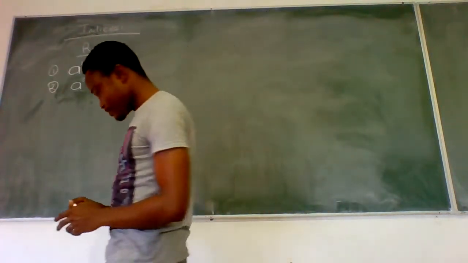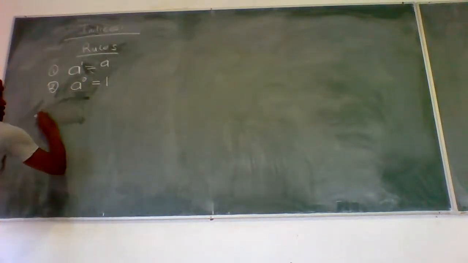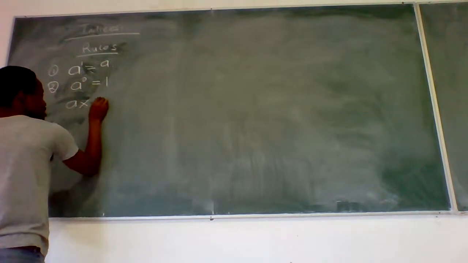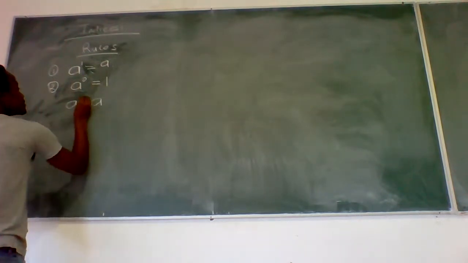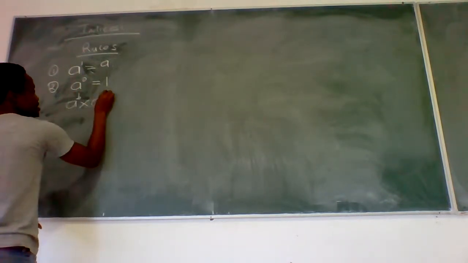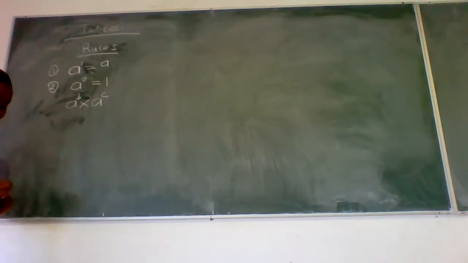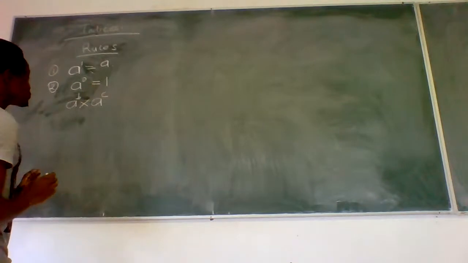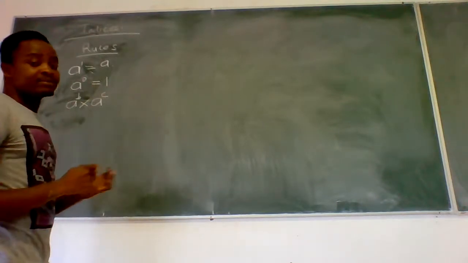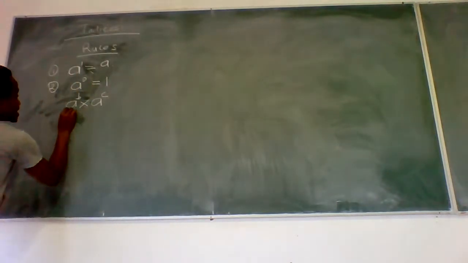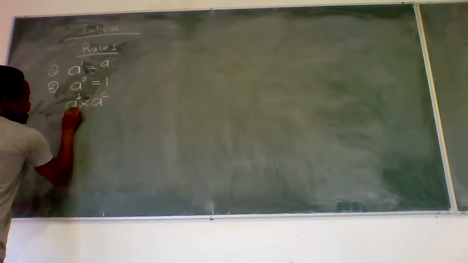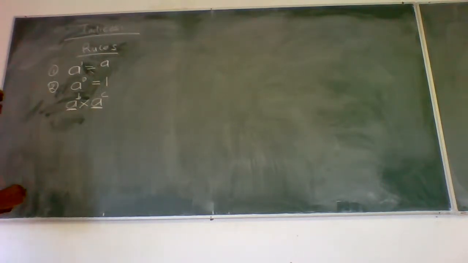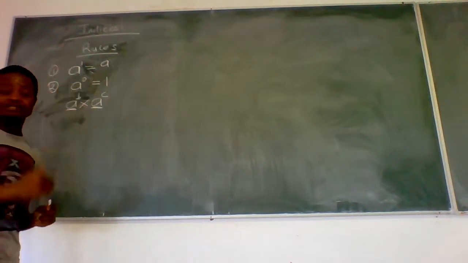When we have, let's say, A exponent B times A exponent C, for this rule, what it says is the bases should be the same. What do I mean by bases? The numbers that carry the exponents or the powers.